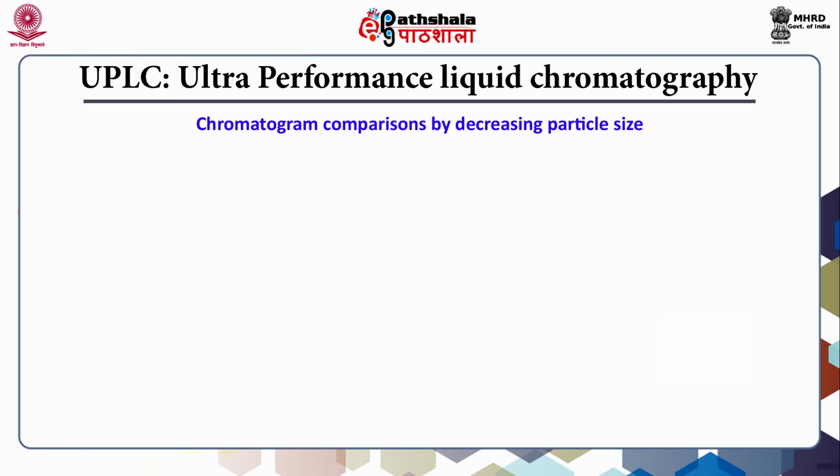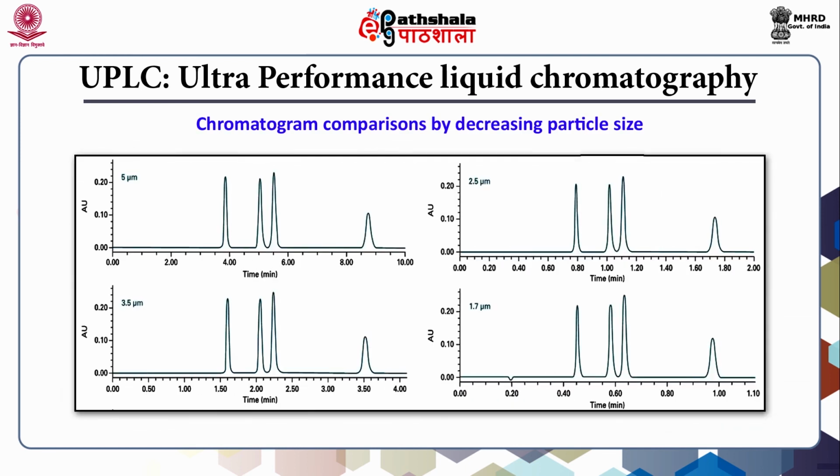In this slide we can see 4 pictures, and all 4 look similar, but the difference is only in the retention time. We have used the same compound, one analyzed by HPLC, another analyzed by UPLC, in stationary phases where the particle diameter is decreasing.